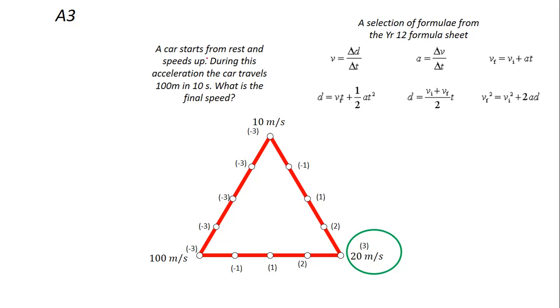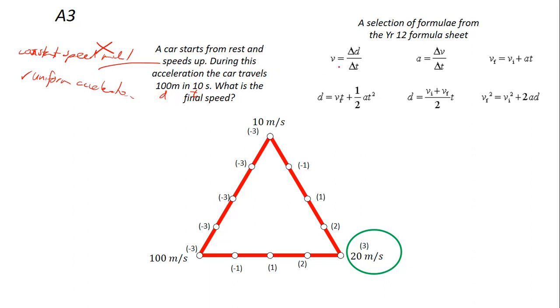Okay, a car starts from rest and speeds up. Because it speeds up, we're going to use the uniform acceleration model. We are not going to use the constant speed model. And the common mistake is when people see problems and they say, oh, I've got a distance here, I've got a time here.